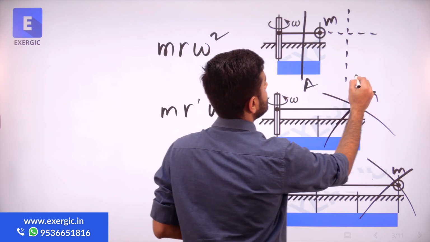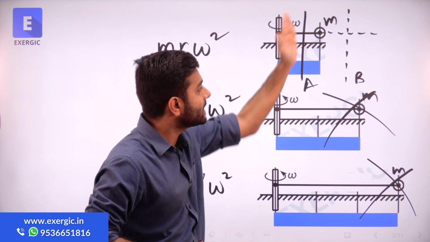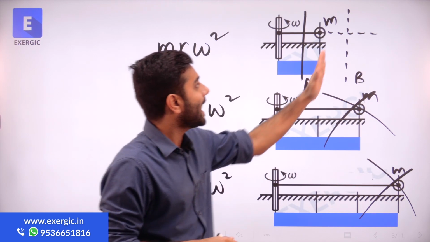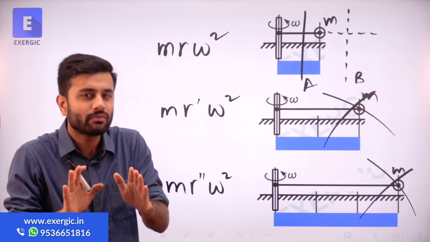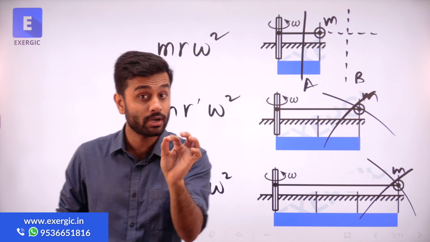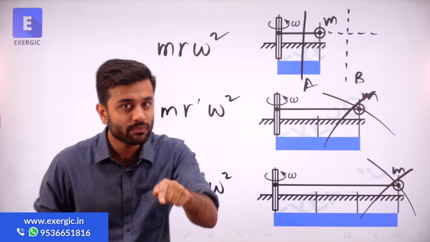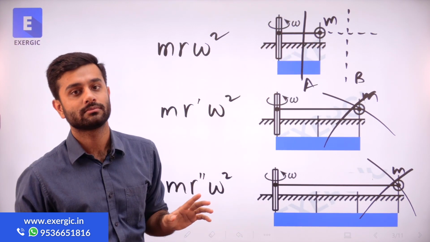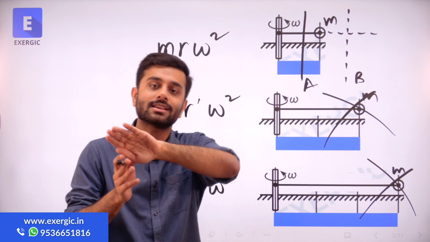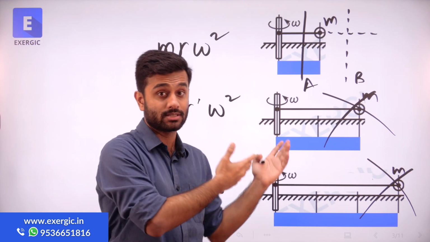This is section A, this is section B. My question is: due to the rotation of this mass, at section A there will be a centrifugal force, correct? m r omega square. But at B, will there be any centrifugal force due to this mass rotation? No. Note it down if you don't know it: centrifugal force will only be experienced between the mass and the center. It will not be experienced at any section which is after the mass. It's common sense, but it can confuse students in such questions.